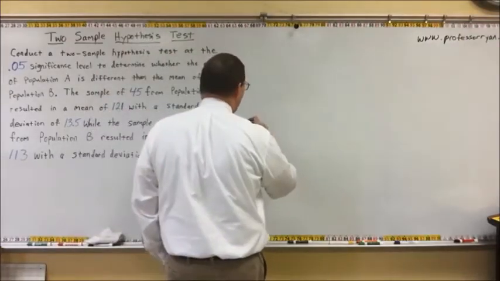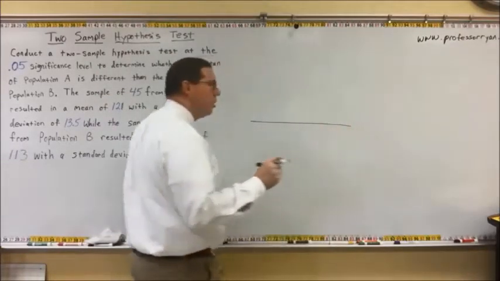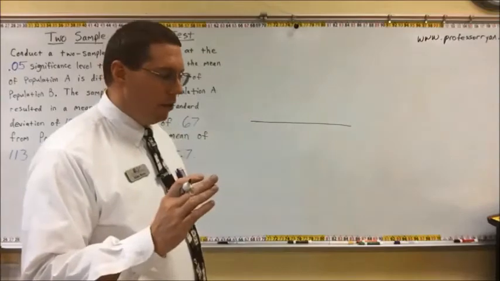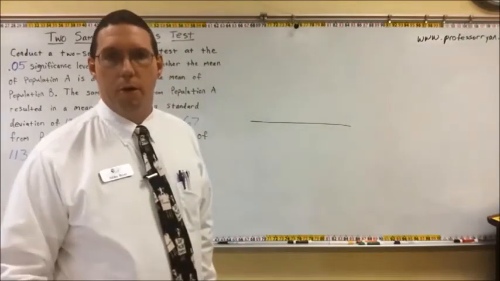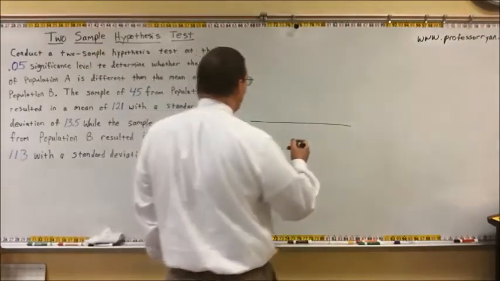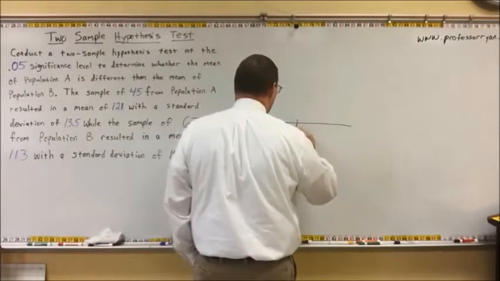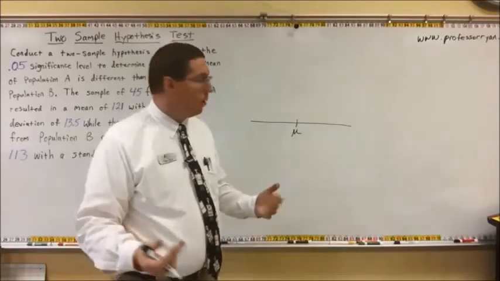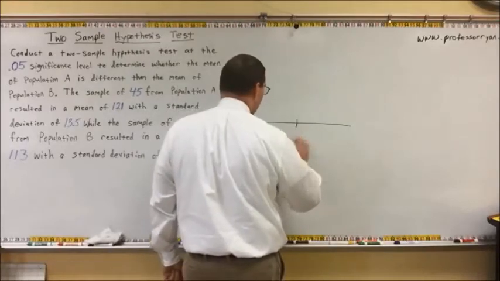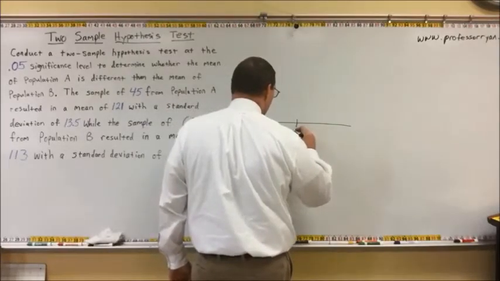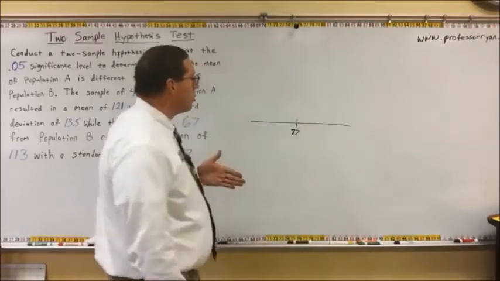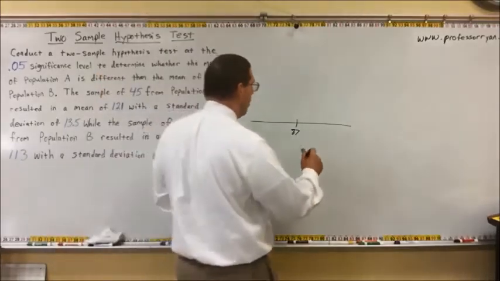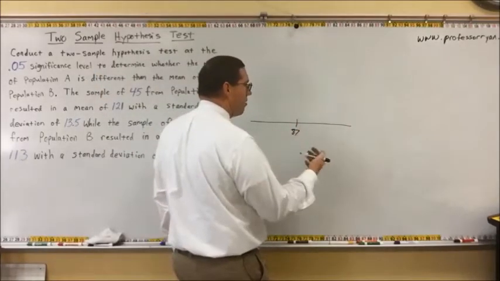In a one-sample hypothesis test, you were comparing a population to an unmoving number. You just had a number, the population mean of some group. In fact, it's not even mu, it's just some number like 87. All you were trying to determine is whether the population you were sampling had this as its mean.